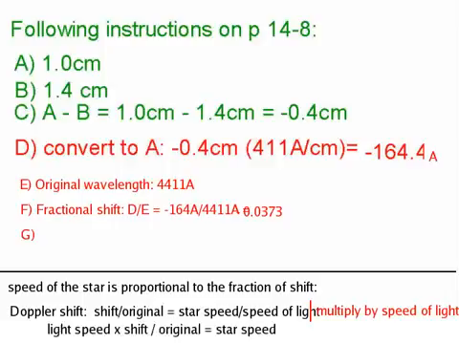So that's the formula that we're going to use up there. Then our star speed is equal to the speed of light. You can use the value in meters per second or in kilometers per second. Either way is fine. If you use the speed of light in meters per second, then you get your speed of the star in meters per second.